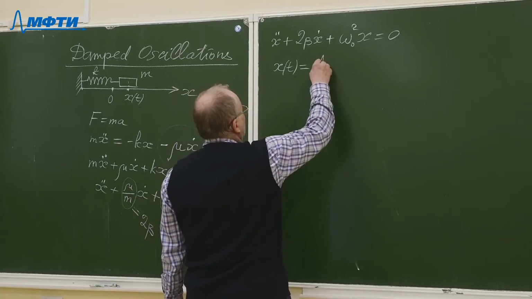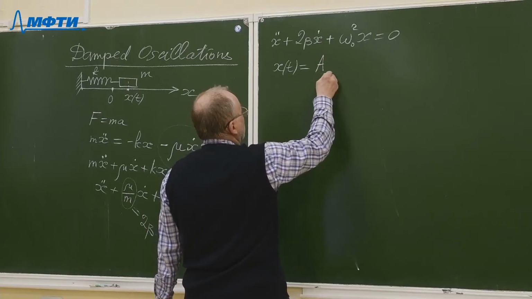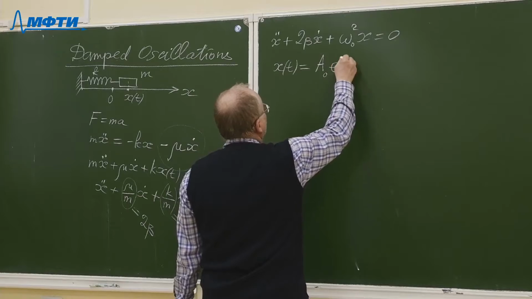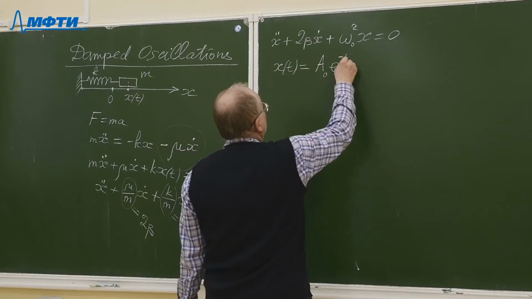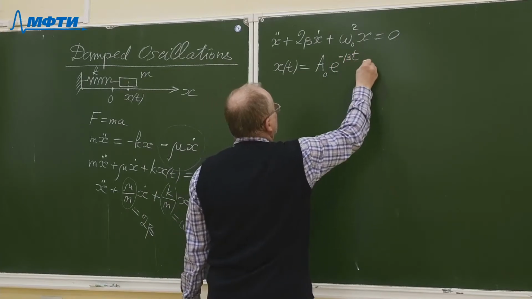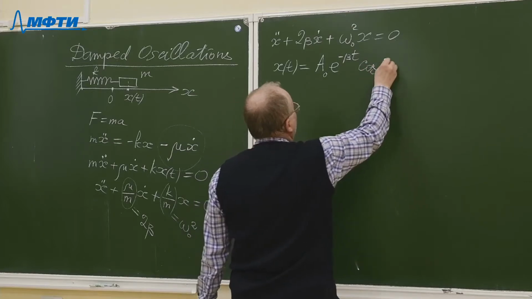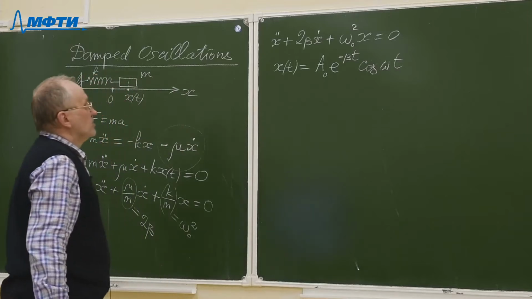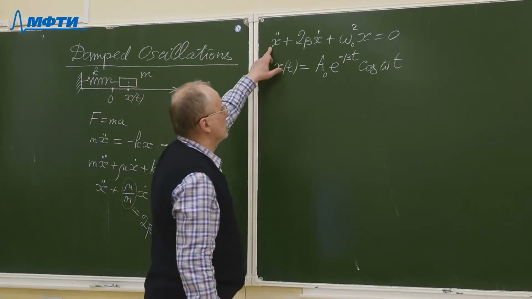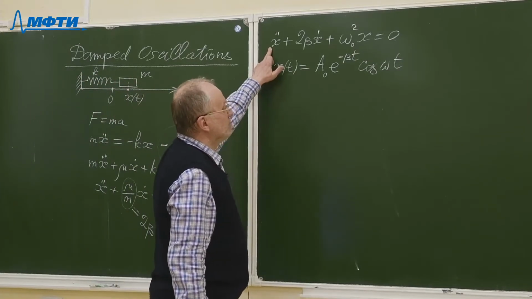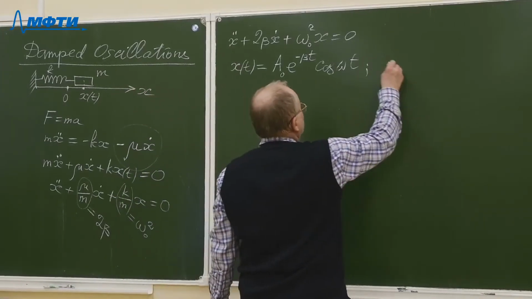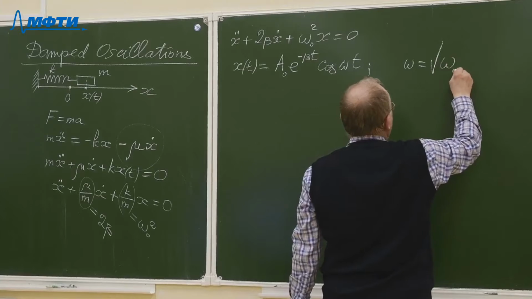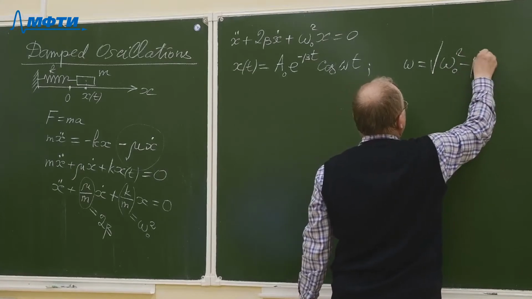It will be some constant, which is initial amplitude, exponent to the power minus beta t cosine omega t. Such function is the solution to this equation under the condition that omega equals square root of omega 0 squared minus beta squared.